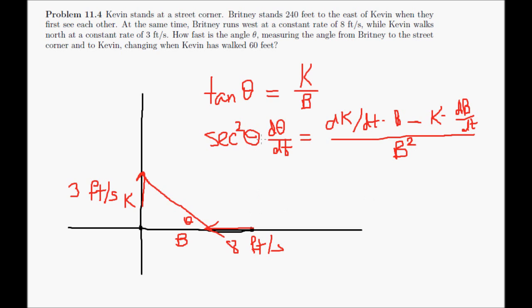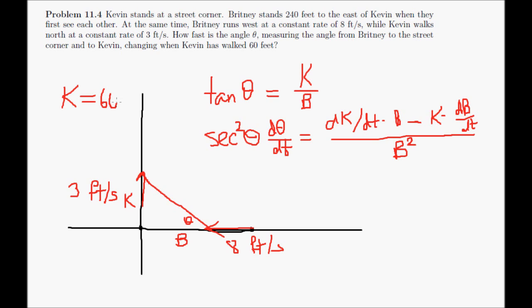Okay, now let's figure out the values to plug in. dk dt is given to be equal to 3. Also, dB dt is given to be equal to negative 8. Negative 8 because the distance b is decreasing as time goes by. Now, when Kevin walks 60 feet, we know the distance for Kevin is 60.